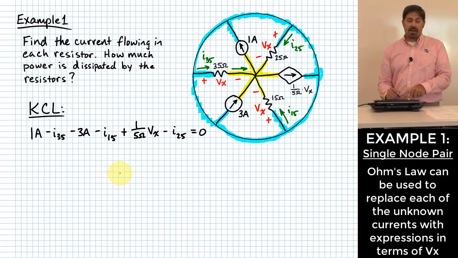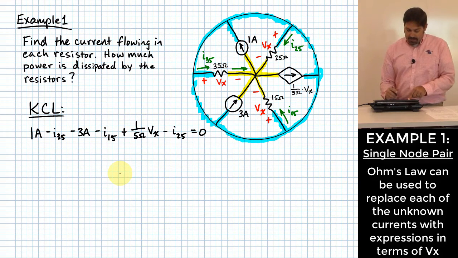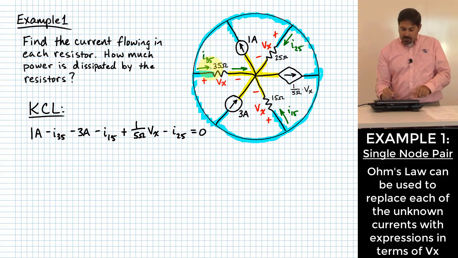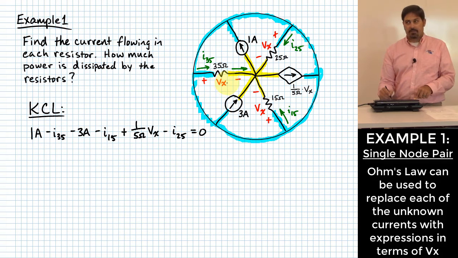But I have more relationships that I can bring in from Ohm's law, right? I can look at I-35, and I can say, based on the fact that I-35 flows into the positive terminal here and that I've already given this a variable of Vx, I can rewrite I-35 as what? Vx over 35 ohms.